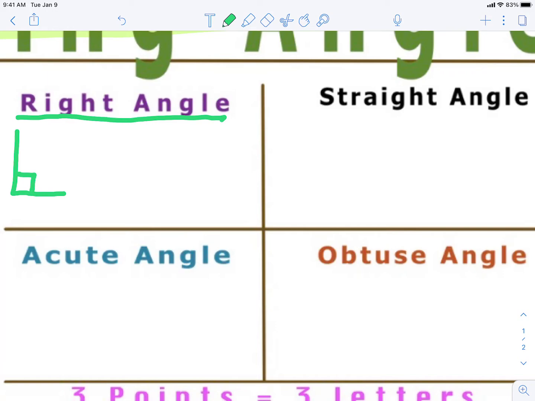That little box means that this angle is measured at 90 degrees. That little symbol here is a degree symbol. It could be open or it could be closed. It doesn't matter, it's up to you. So these are right angles.